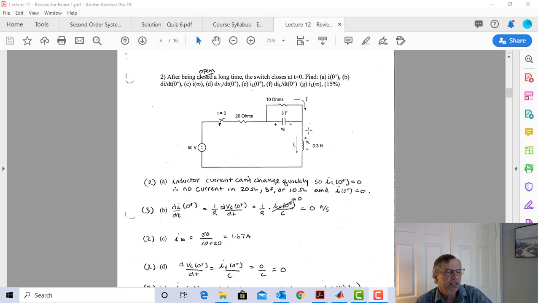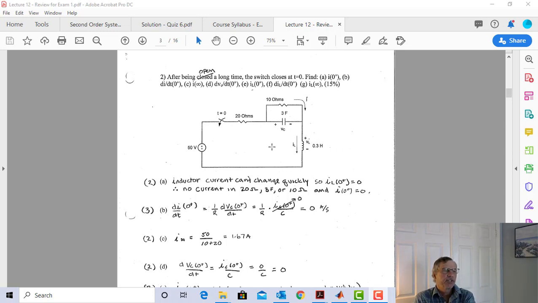Now I could also say I have no current here, so even though the rivers kind of diverged here, they came back together again. So if I've got no current here, I got no current here. So at t equals 0, I basically have no current and no voltage in this part of the circuit.